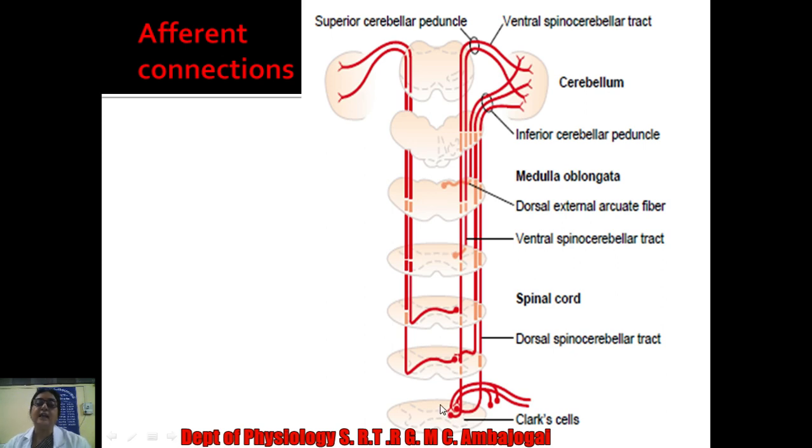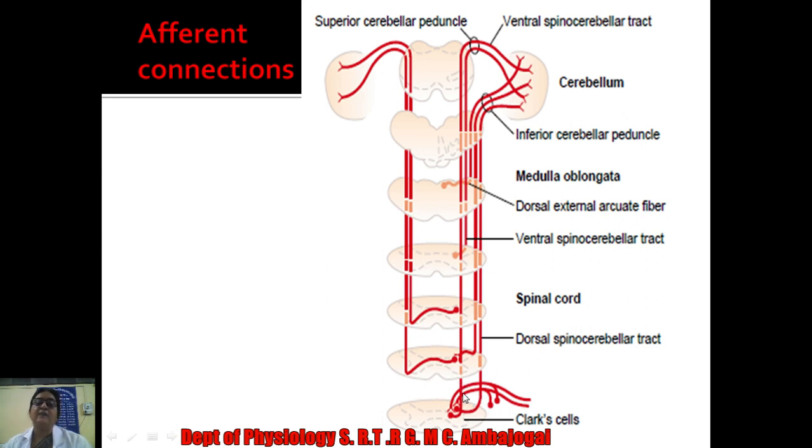That means at this level, as it is mainly sending signals to the periphery, there is the presence of the motor efference copy, and this efference copy of the motor signals from the CNS is transmitted to the cerebellum.